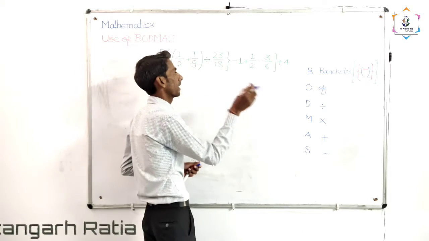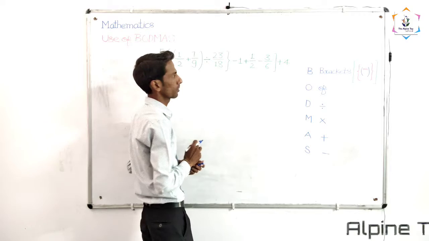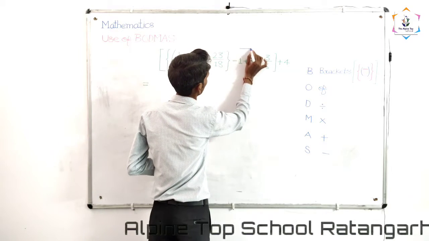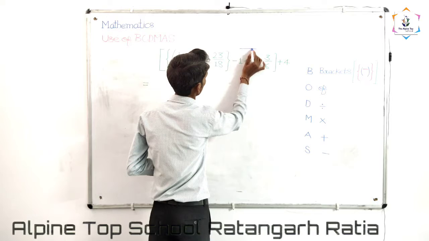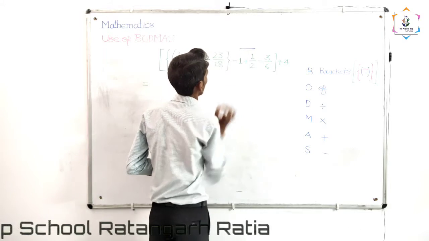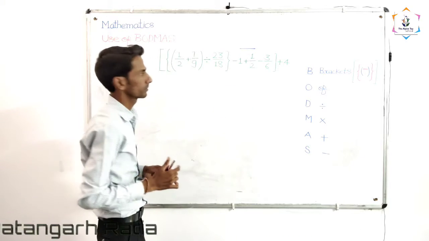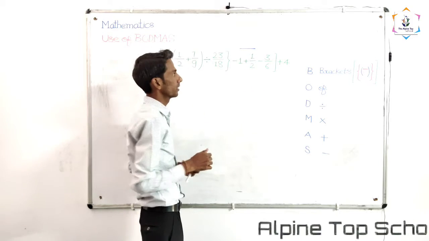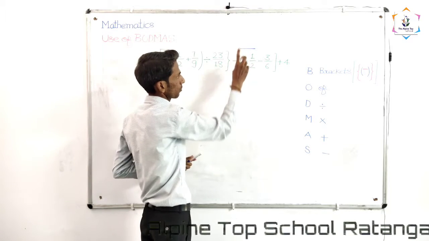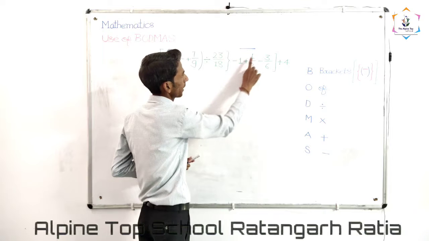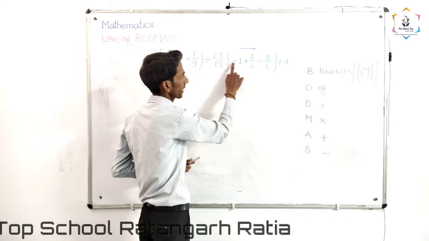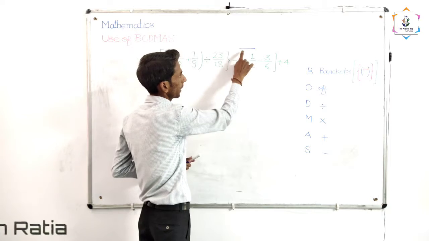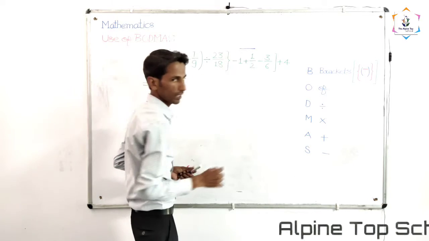Yes, I want to mention that bracket now. Just imagine, a line bracket is also involved in this problem. I am going to mention the line bracket here. Under this line bracket, I have taken two numbers, 1 and 1 by 2. The negative sign attached with 1 is not under the line bracket.